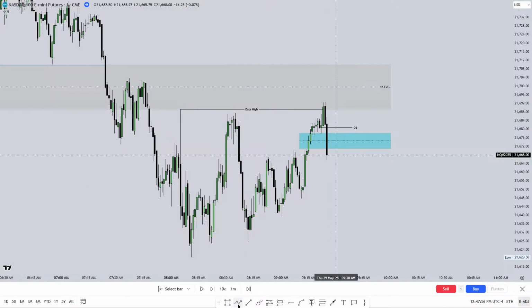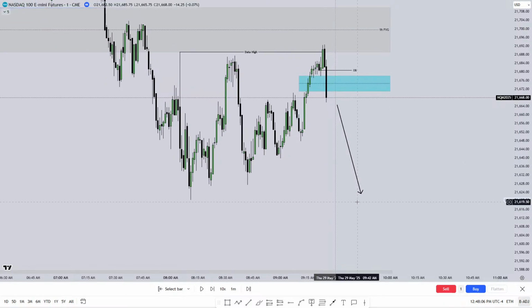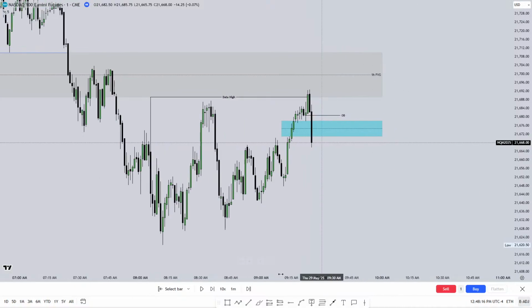So you're not expecting an AM manipulation again at 9:30 like I usually do. I'm anticipating that it's probably just going to run to all of this resting liquidity without needing to manipulate. And potentially this is the manipulation move, but you can be a part of that, right? You can be a part of that fast move lower.